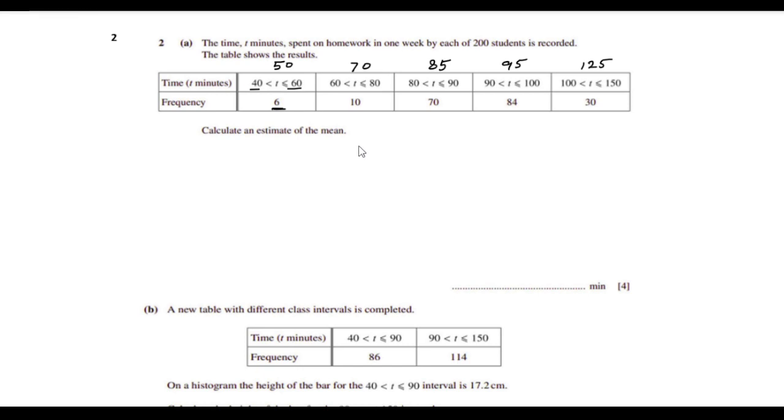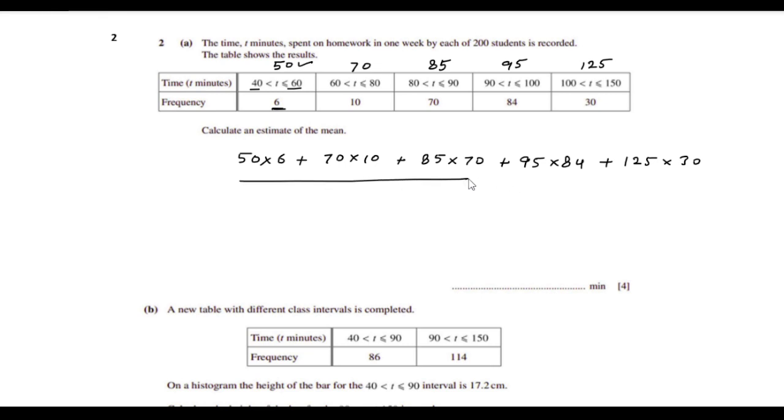Now to estimate the mean, what we do, we multiply 50 by 6 plus we multiply 70 by 10 plus 85 by 70 plus 95 by 84 and plus 125 by 30, and we will divide this whole thing by the total frequency, which is 200.